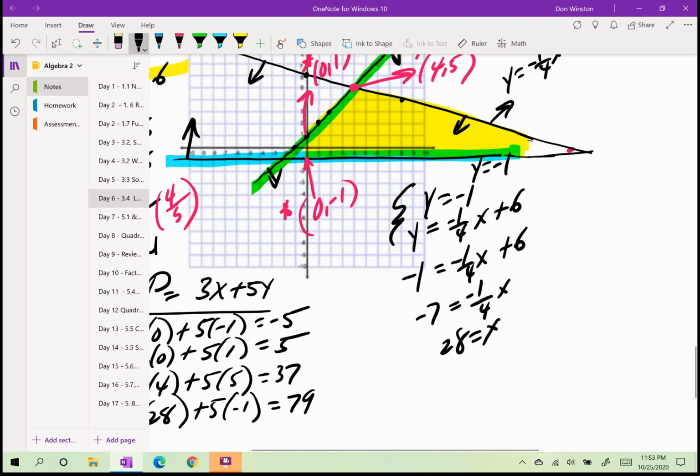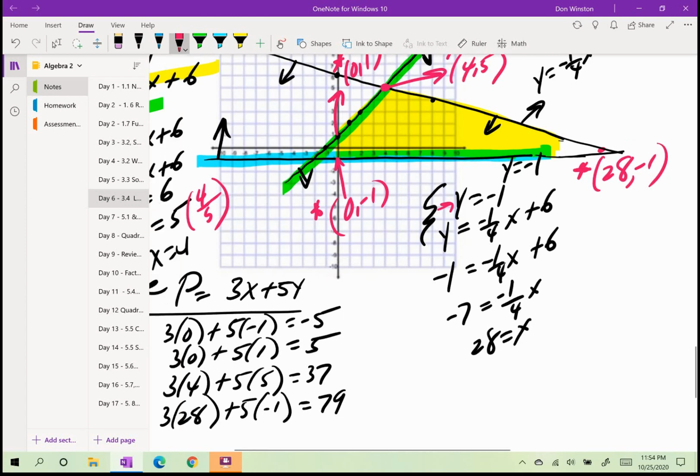So over here, this would be the point. X is 28, and of course then y is negative 1. We knew y was negative 1 because that was one of the equations we had for our system of equations: y is equal to negative 1 and y is equal to negative 1/4 x plus 6.